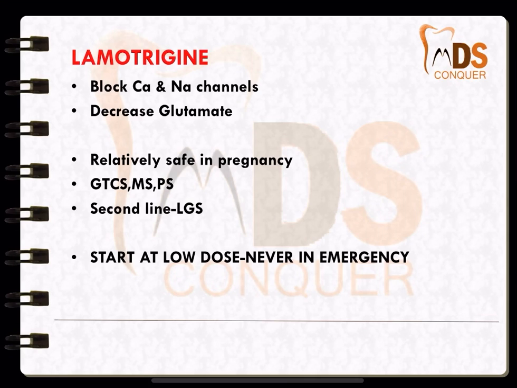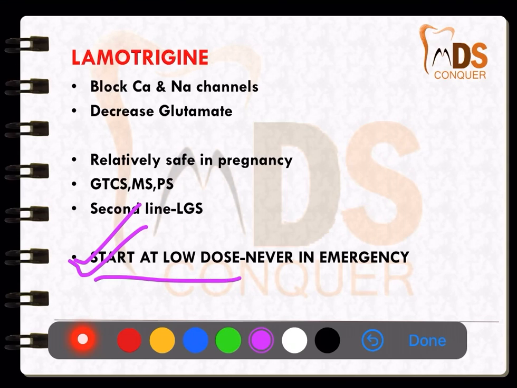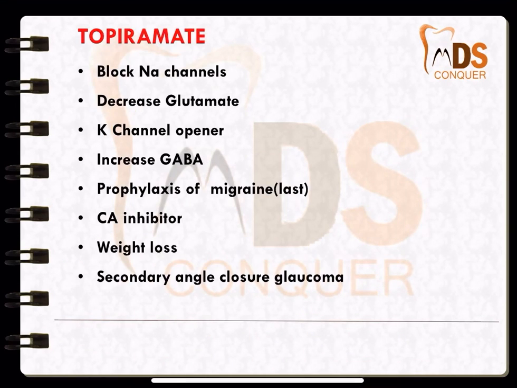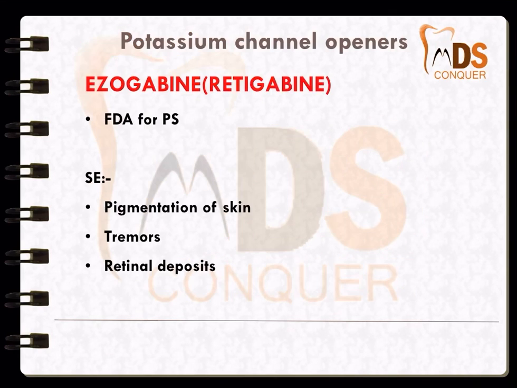Lamotrigine, so it blocks both sodium and calcium channels and relatively safe in pregnancy. Okay, so it is started at a low dose and it is never to be given in emergency. Okay, topiramate, these are the important points, so just have a look at it. Okay, next the potassium channel openers.